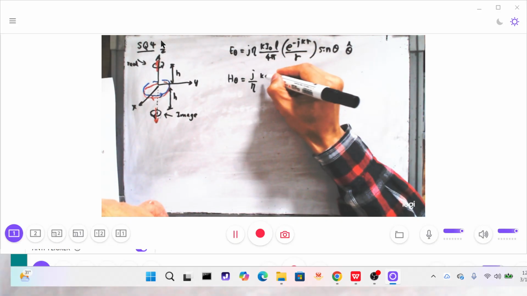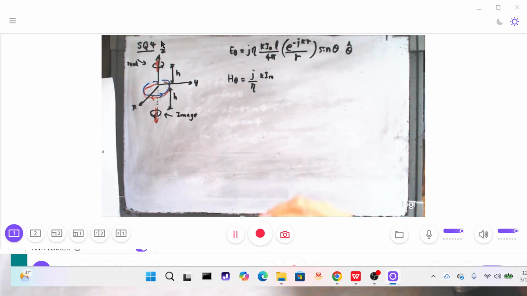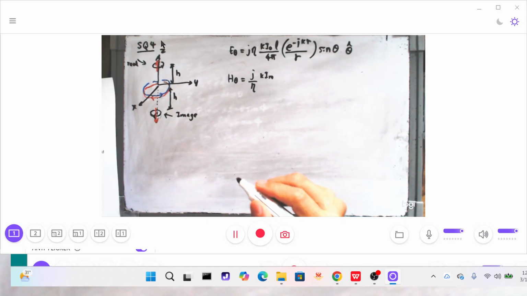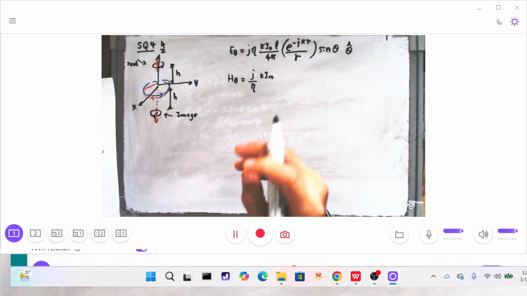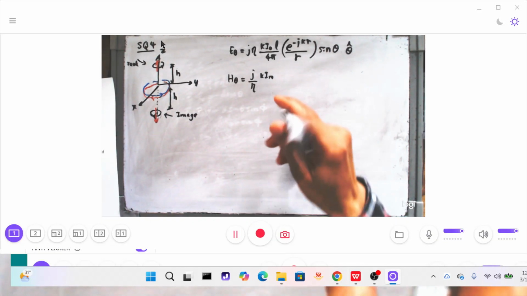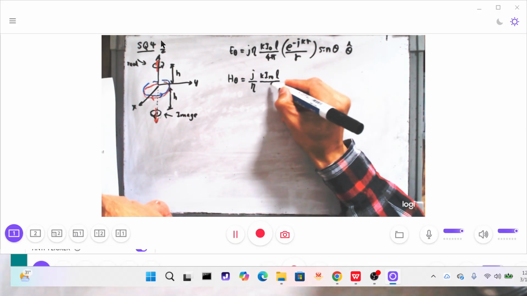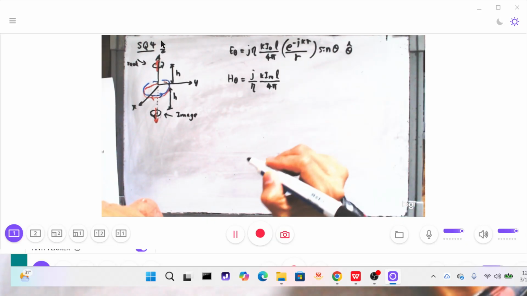K will not be changed. I naught will be converted to Im, where Im is the magnetic current. It doesn't exist in nature, there is no such thing as magnetic current, but we just assume one here. L is the length, don't need to care about this. 4 pi is still 4 pi.